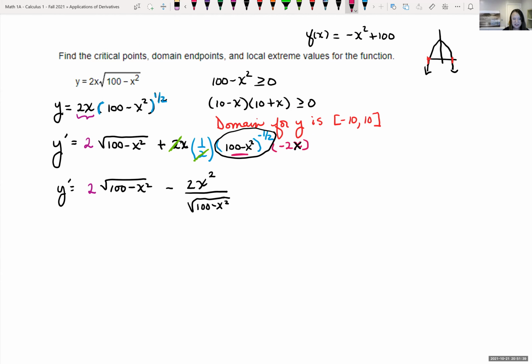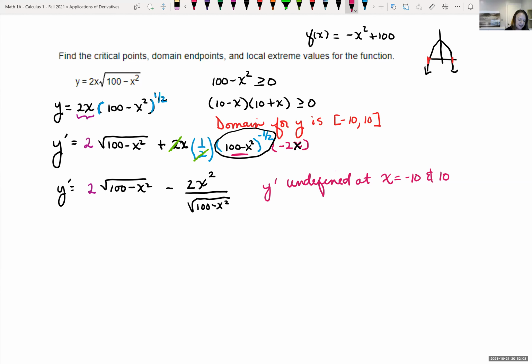But those places where it's undefined are actually values that are in our domain. It's our endpoint values, -10 and 10. So it doesn't really give us anything else to check because we have to check our endpoint values anyway.